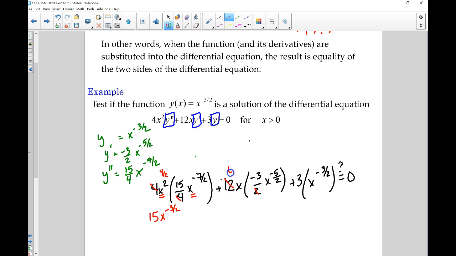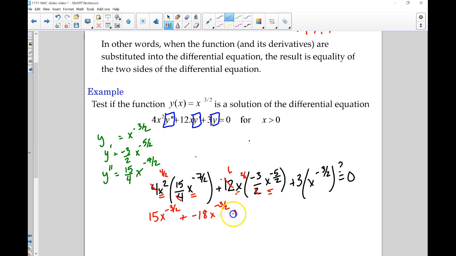Simplifying constants in the second term, this is now plus 6 times minus 3, which is minus 18. X, let's see, how does that simplify? If I simplify those same bases, I would add the exponents. So this would be the same as 2 over 2, and I get minus 3 halves.